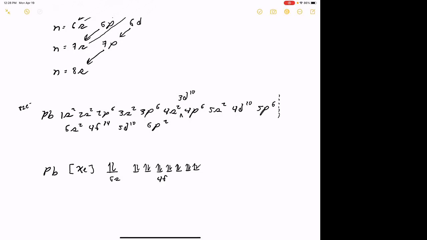Then I go to the 5d10, right? So I need 5 of those because that's how many sets of d orbitals I've got. Same thing. Spin up, spin up, spin up. I think I only have 4 there. I need a 5th one. Spin up. Down, down, down, down, down. And then I go to the 6p2, right?